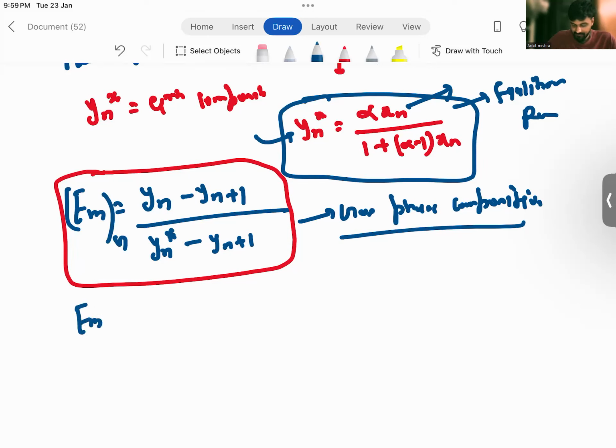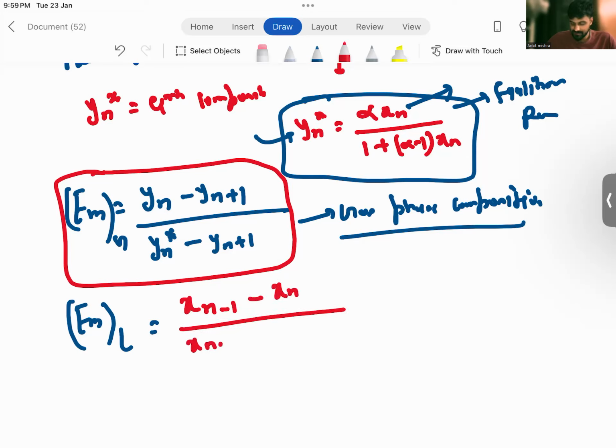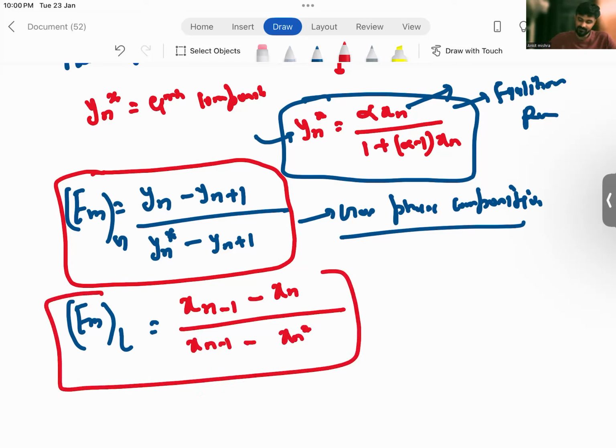But if you want to write it in terms of liquid phase composition, it can be written as xn minus 1 minus xn divided by xn minus 1 minus xn star, right? So this is how one can write the Murphree plate efficiency in terms of both gas phase composition and liquid phase composition.